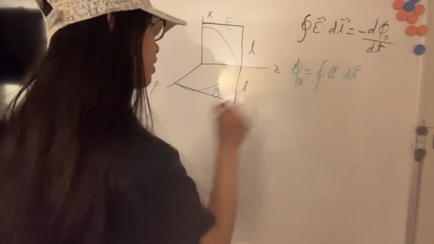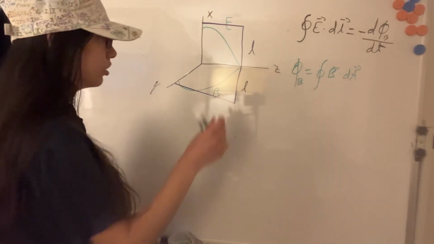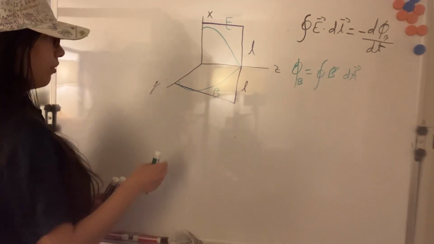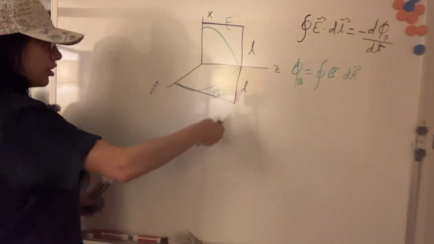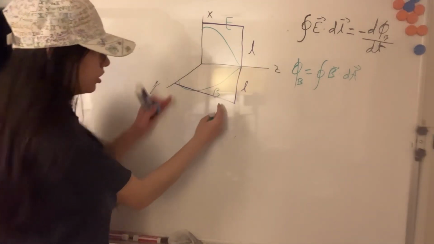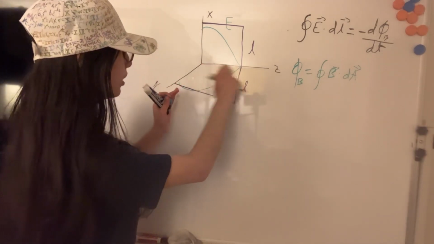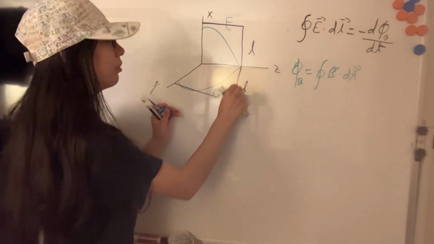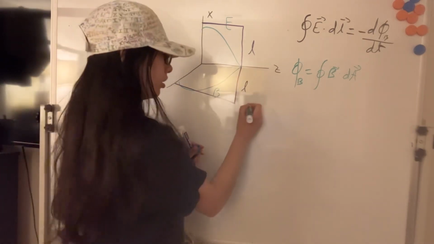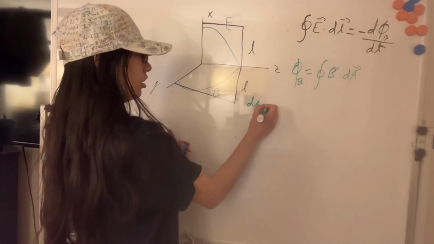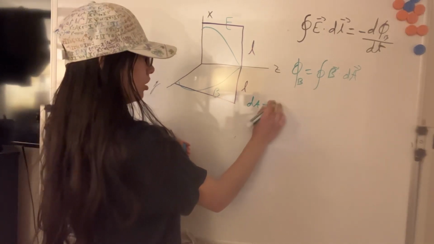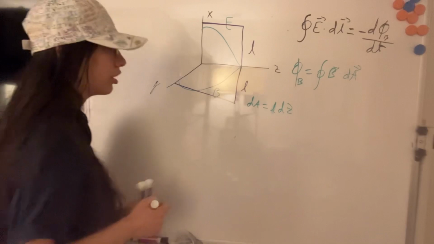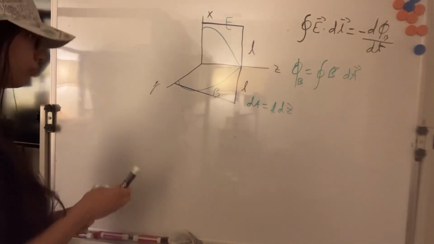For an infinitesimal dA, I have the length L in this direction, and this is c, which goes parallel to this line. I should draw it more like this. So dA is equal to L dc.